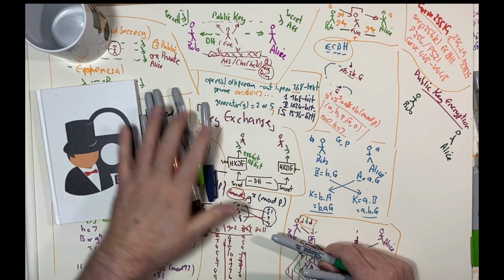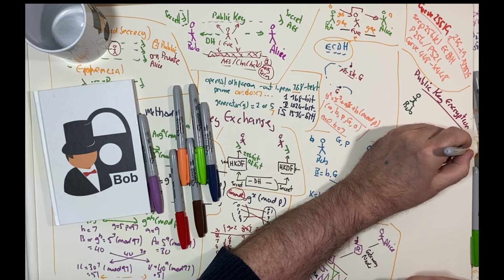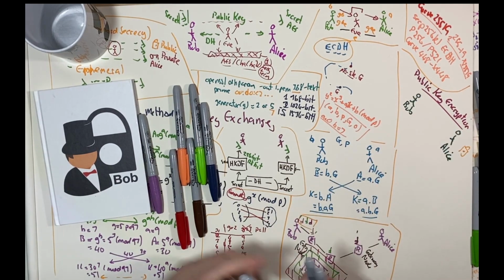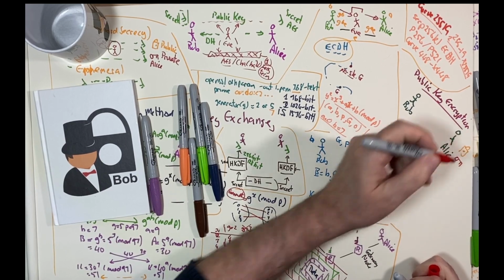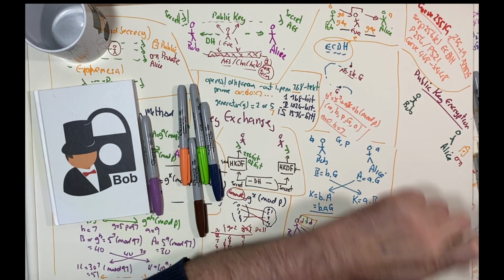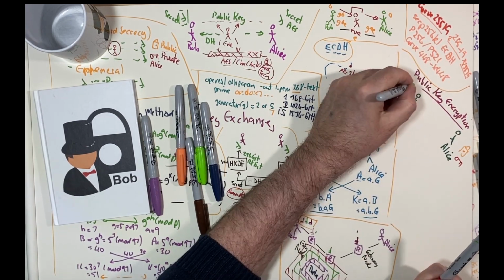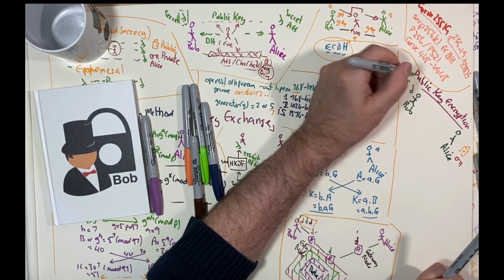Okay, so let's see what our keys are. So Alice has a public key here, and she also has a private key. And I'll draw the private key like this. And for the symmetric key, I'll draw it like this. Okay, so this is the symmetric key or the secret key.